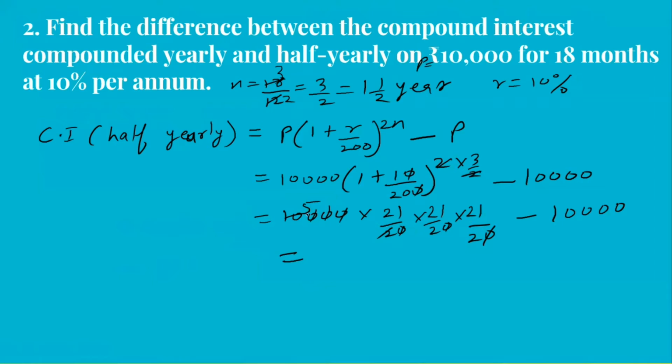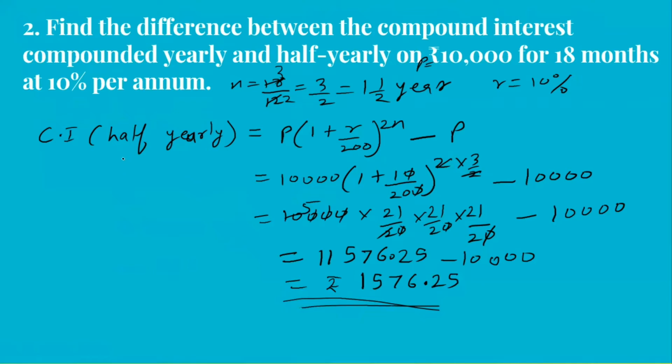So 9261 multiplied by 1.25, what you get is 11,576 rupees and 25 paise, minus 10,000. So you get the compound interest as rupees 1,576 and 25 paise. So this is the compound interest when it is compounded half yearly, right?